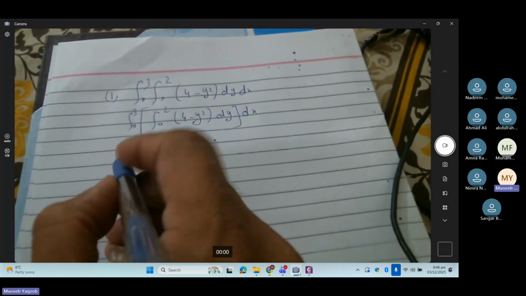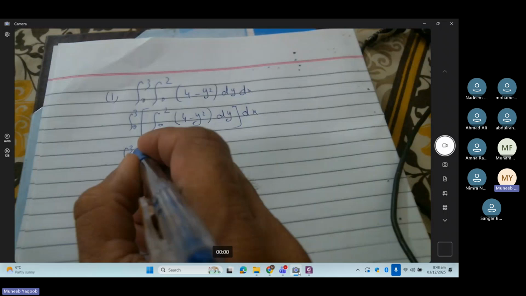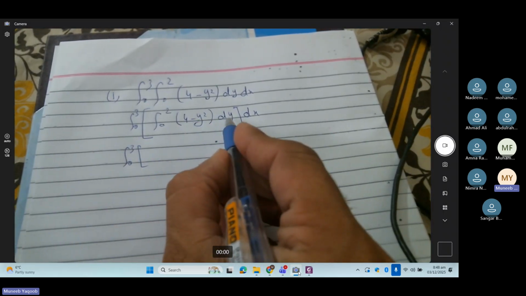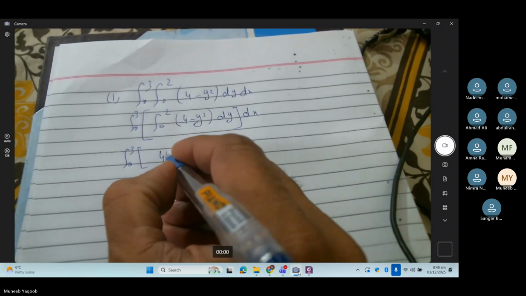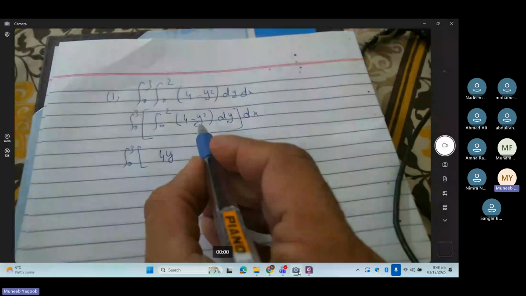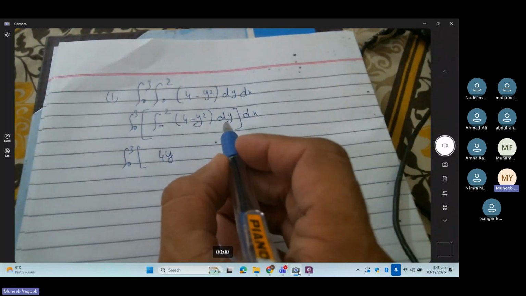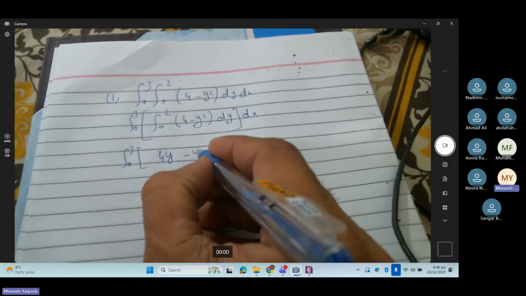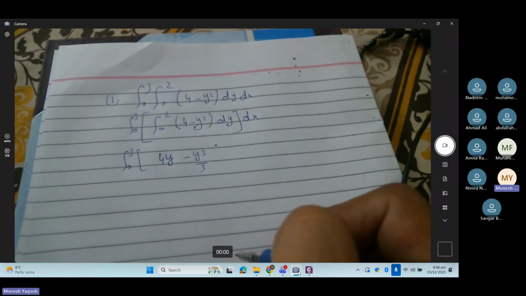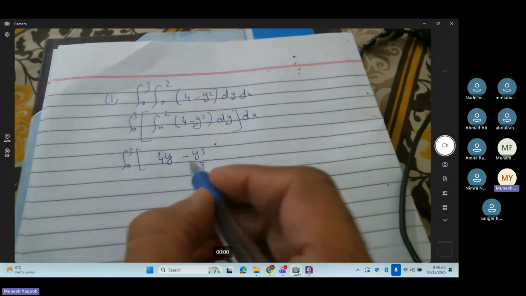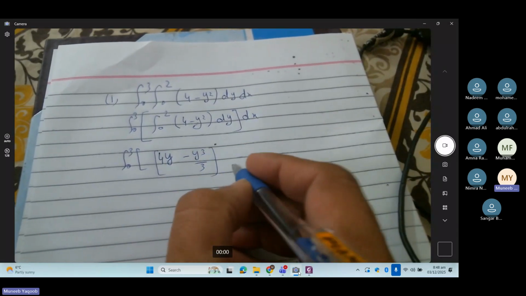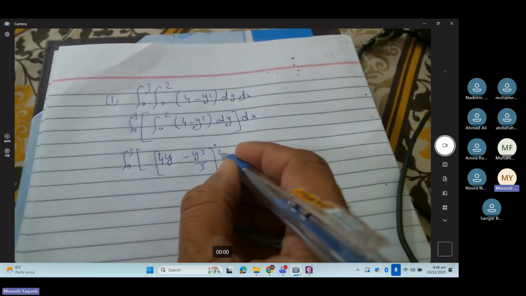So now we will keep this integral 0 to 3 as it is. And integral of 4 with respect to y is 4y. Similarly, integral of y square with respect to dy is minus y cube upon 3. Okay. Now, after integrating the inner integral, we will apply the limits that are from 0 to 2.